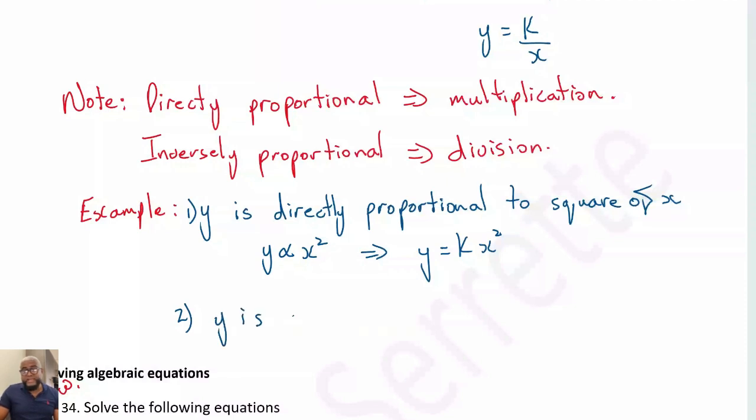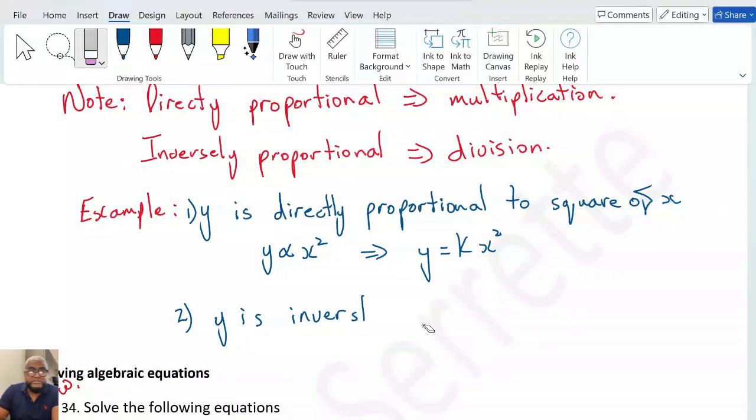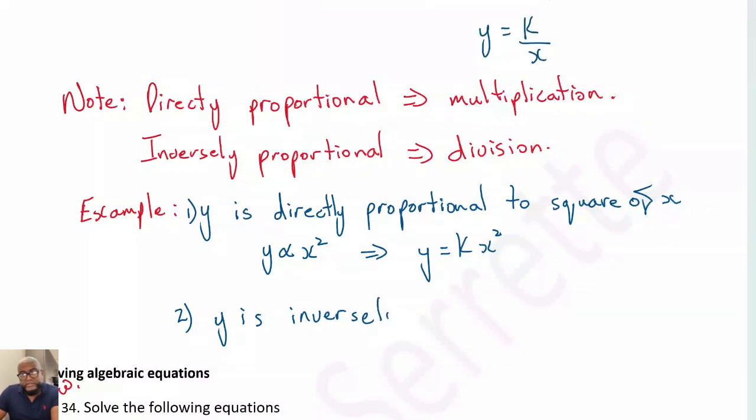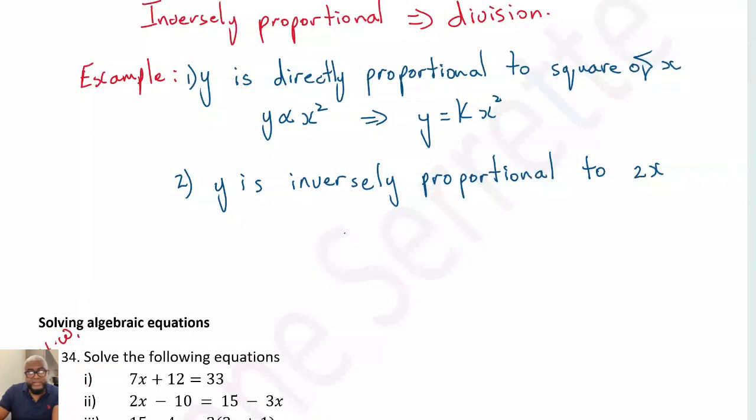If I say y is inversely proportional to, say, 2x, this would mean y is inversely proportional to 1 over 2x.